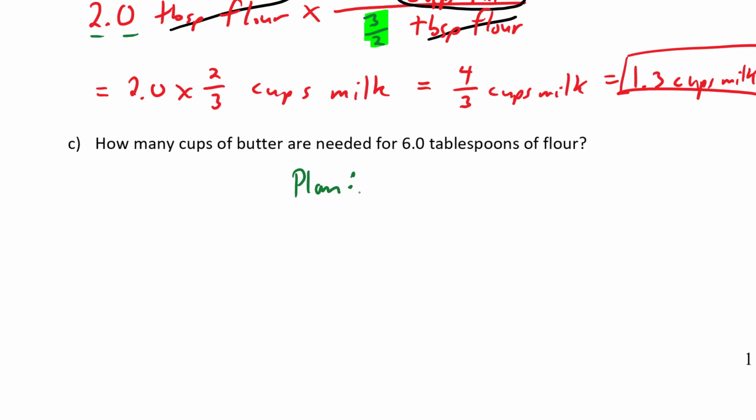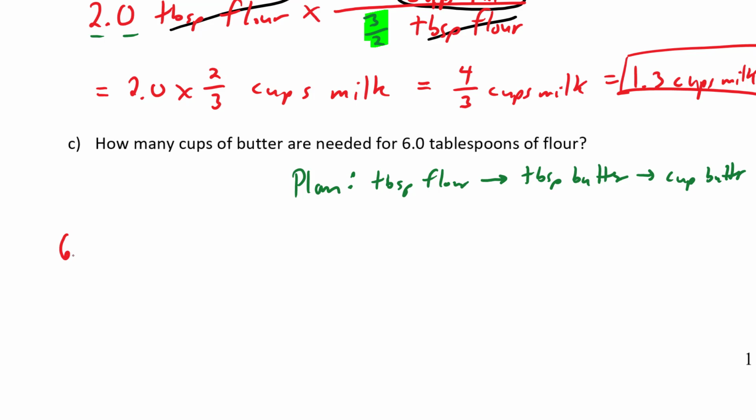We're going to go from tablespoons of flour. We will use our recipe to convert to tablespoons of butter. Then we'll use that conversion factor, 16 tablespoons is 1 cup, to give me cups of butter.